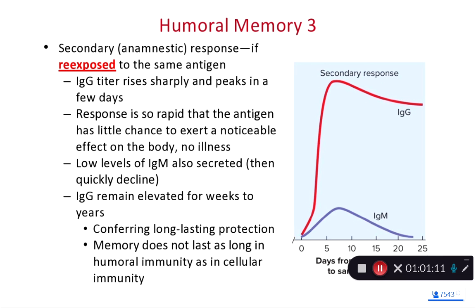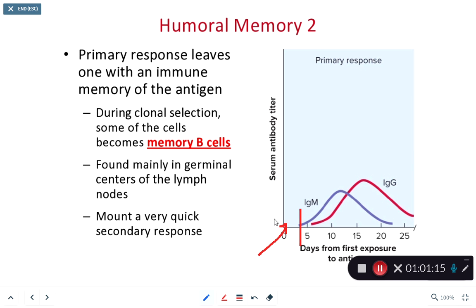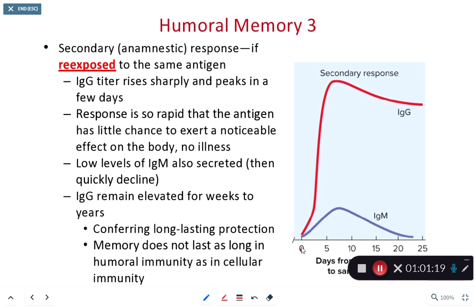Before we talk about the text, I want to focus on the graph. Instead of 4 to 5 days for our response, we're looking at 4 to 5 hours for our secondary response to be activated. In other words, those antibodies are going to be pumped out nearly instantaneously, biologically speaking, in response to re-exposure.